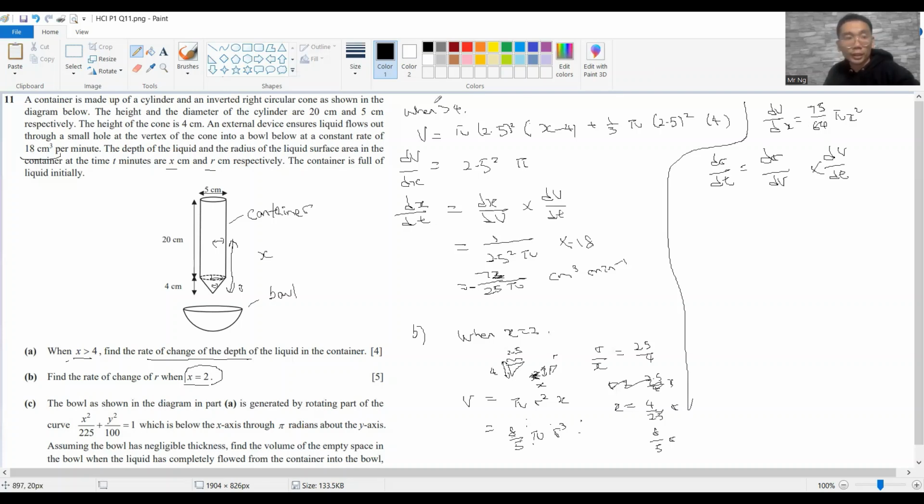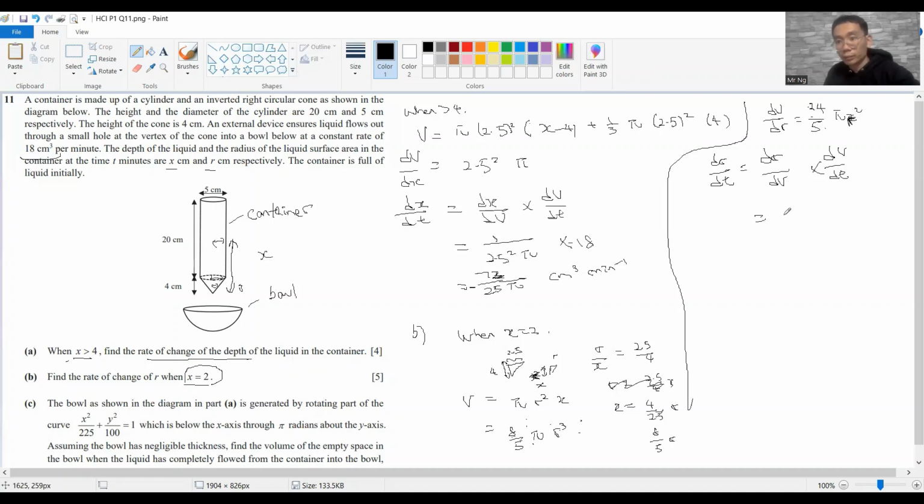Then dV/dr will be equal to 24 over 5 r squared.